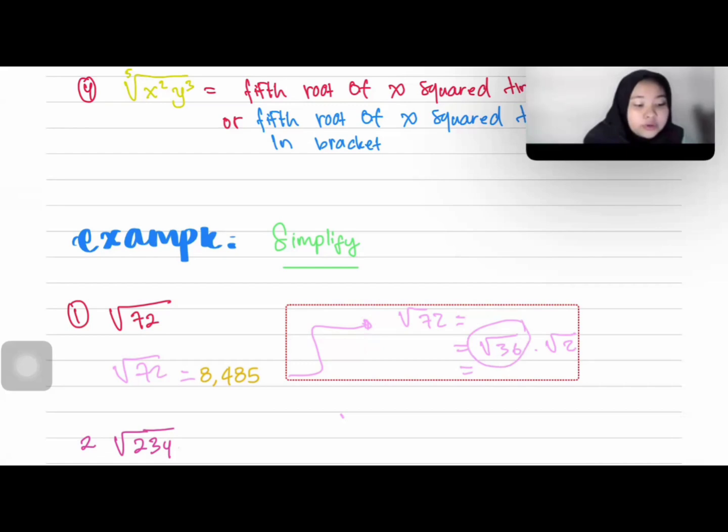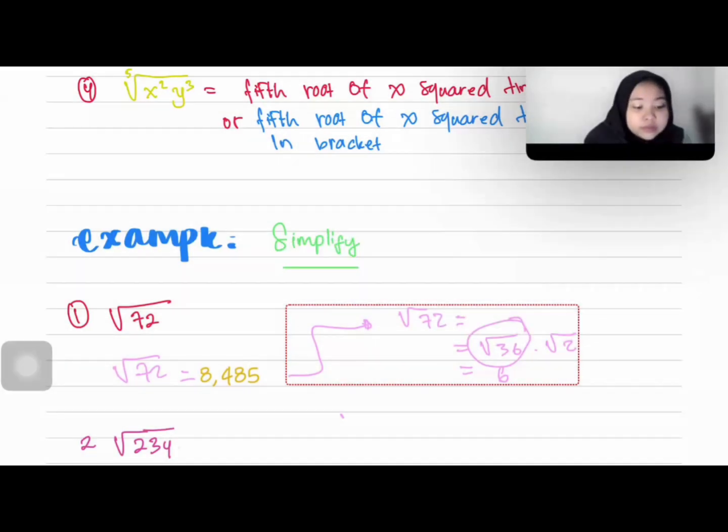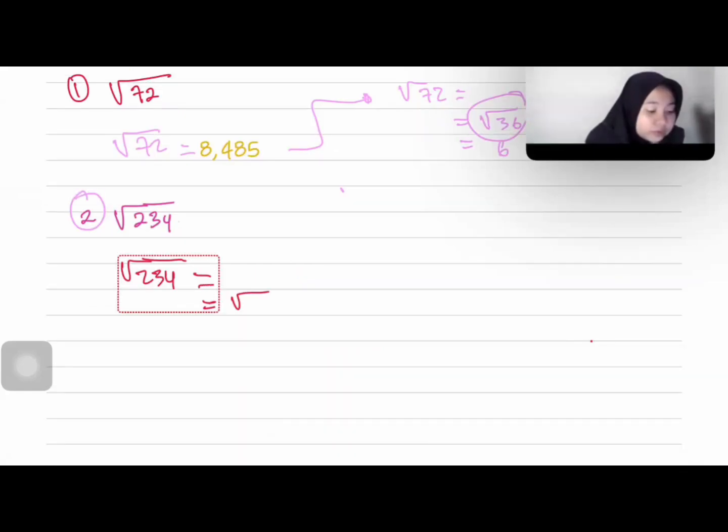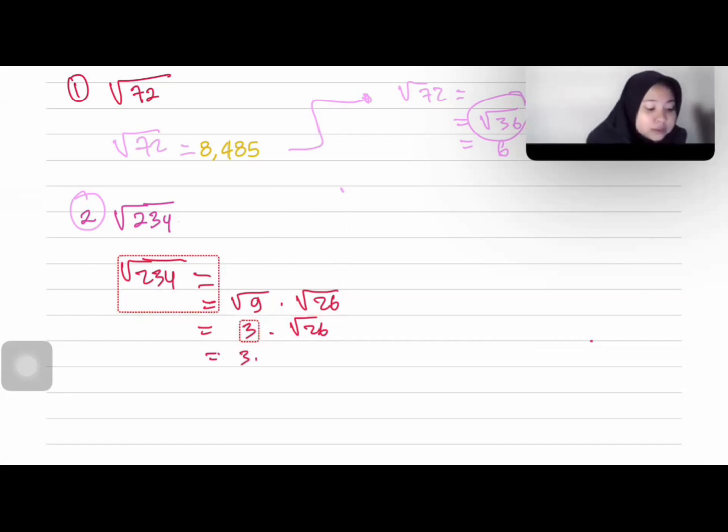Root of 36 is 6, and root of 2 stays here. Why? Root of 9 times root of 26. Root of 9 is 3 times root of 26. And the last is 3 times 26.